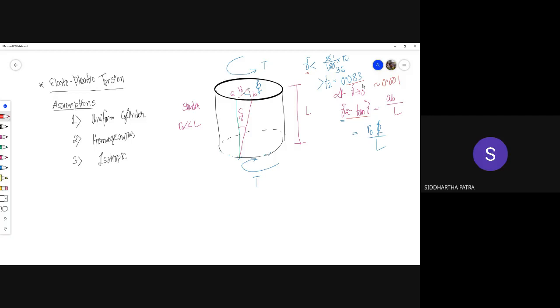Next thing is, let's look at a smaller radius, somewhere r less than r0, within the material. Actually I can draw this circle with solid line.